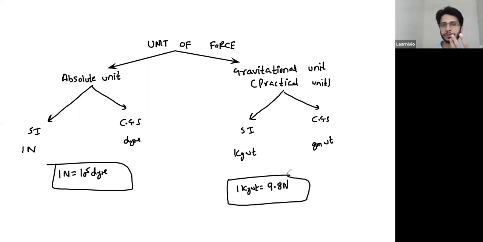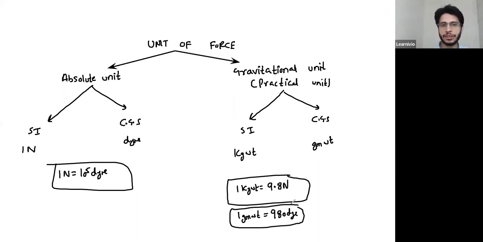So when you see any packet of 1 kg weight, that means in terms of Newton, that is 9.8 Newton. 1 gram weight is basically 980 dyne.